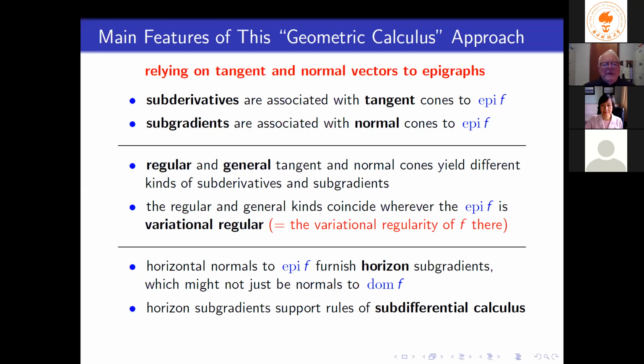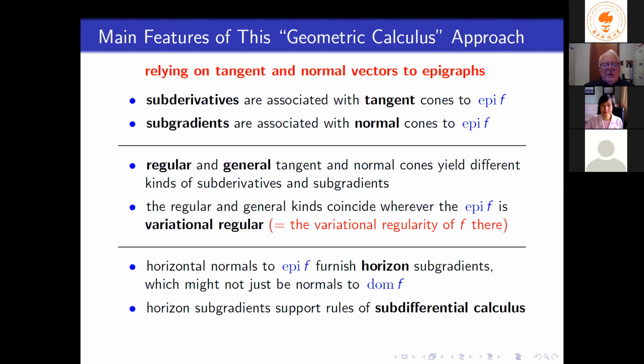So that's regular and general. So that's going to be reflected by different kinds of subderivatives and subgradients. And they will coincide when we have variational regularity. And variational regularity of this epigraph is what will be called variational regularity of the function f.